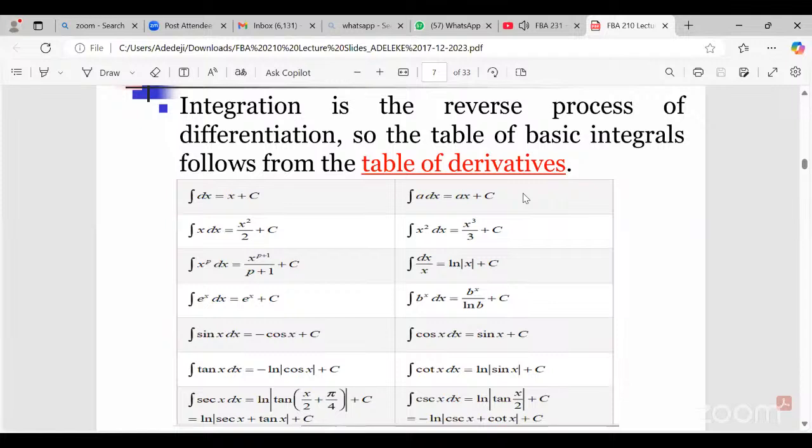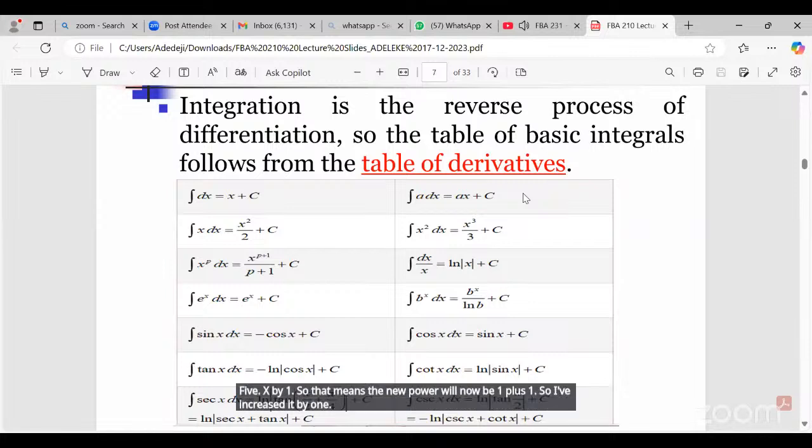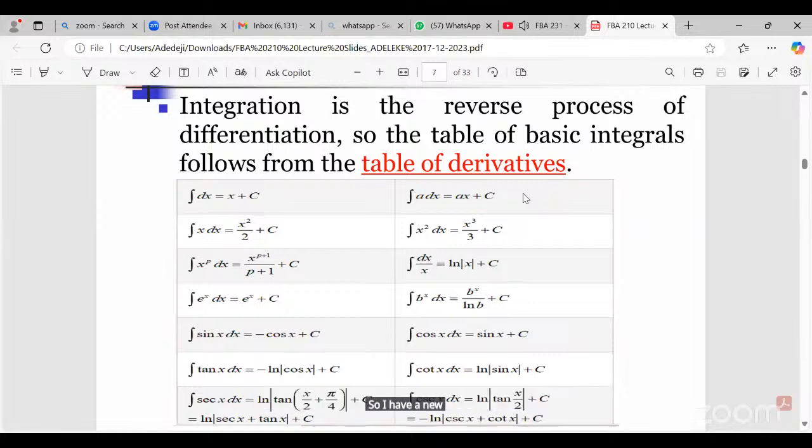So I have x to the power 1. x to the power 1 needs to be integrated with respect to x. So the power of x is 1. The procedure says increase the power of x by 1. So that means the new power will now be 1 plus 1. So I've increased it by 1. So I have a new function, x to the power of 2.